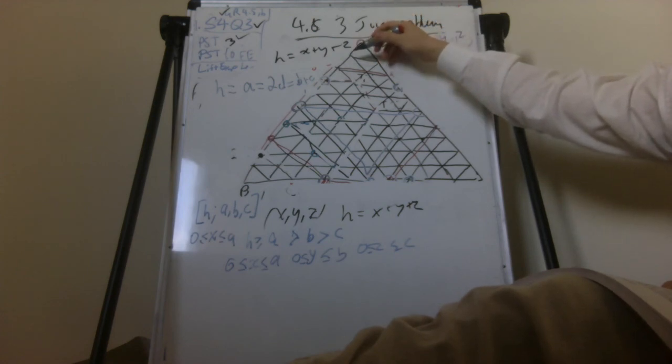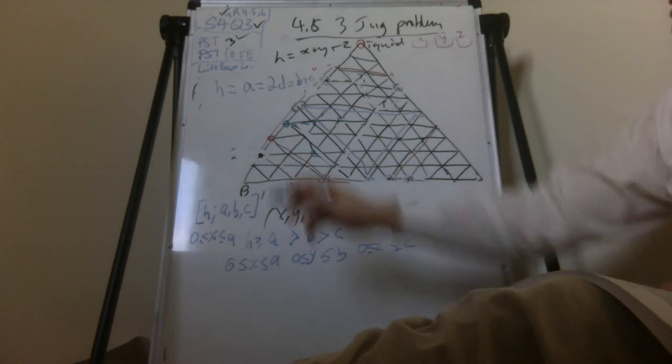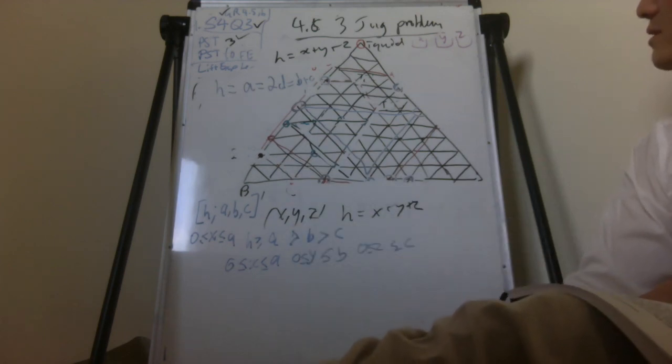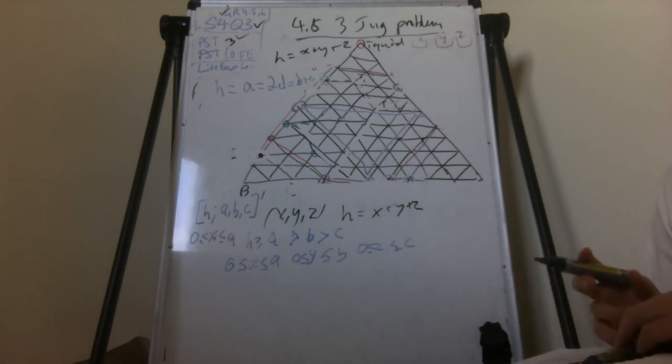And then B plus C has to add up to A, so that means B plus C is constant, which means they lie on a line, depending on what A is.